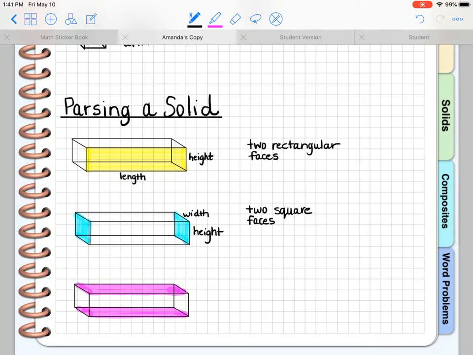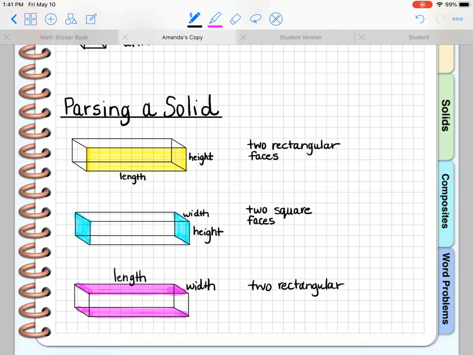And this is made by using the length and width. And we have 2 of those faces. Those are rectangular.